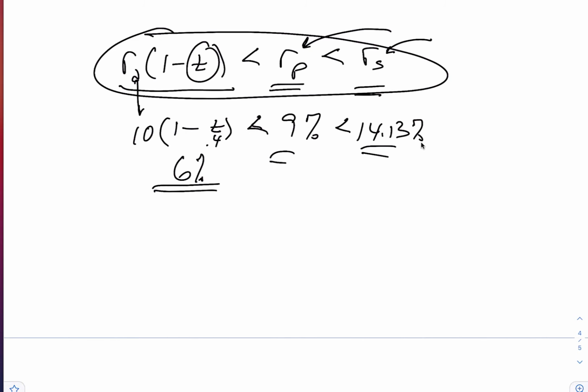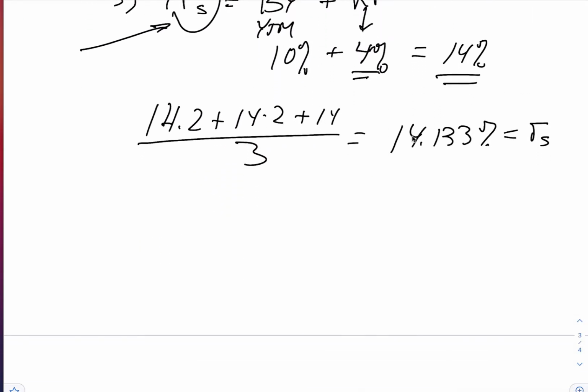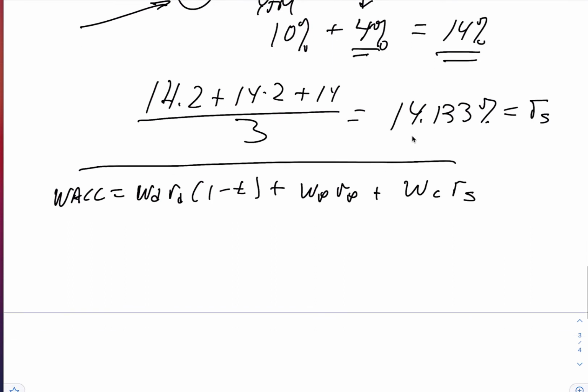Now let's get back to calculating the weighted average cost of capital. So now what we have to do is, and this is where we call in finance plug and chug, let's actually just plug these numbers in, and we're going to compute this. We already know that the firm's target capital structure is 30%, this is going to be 10%, and this is 60%.